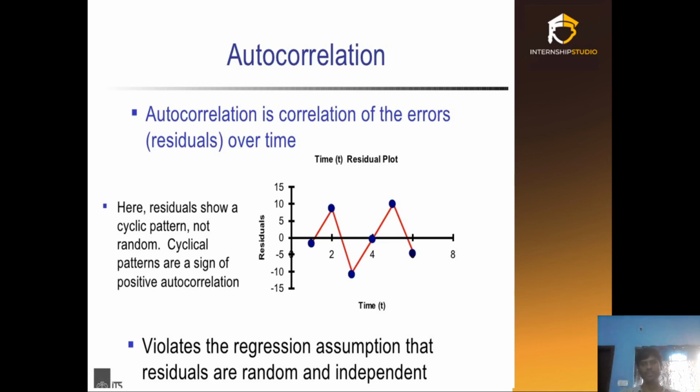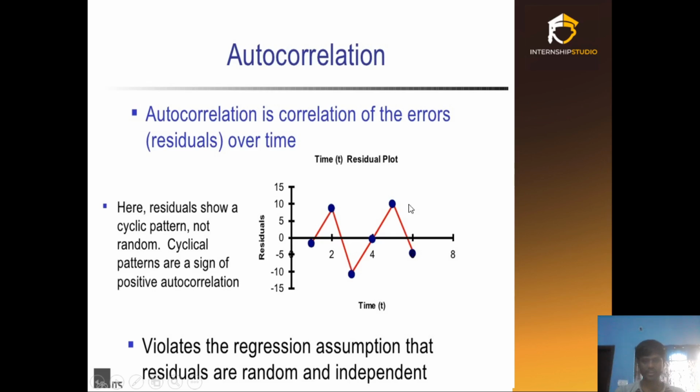If you want to check for autocorrelation, autocorrelation is the correlation of the errors over time. Whatever the residuals are, if there is any correlation between those errors with respect to time. If you see a cyclic kind of pattern here, you have a residual plot with respect to time. You are plotting the residuals, and you can see a cyclic relationship, right? You can see the repetition of it.